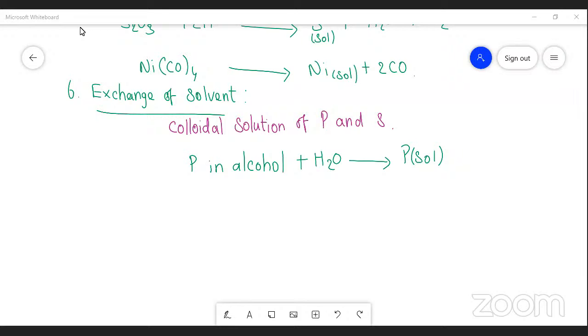NH2 CO NH2. Not CN, it is CO. So between two NH2 we are adding CO, then it is nothing but urea, the first organic compound prepared in the laboratory.